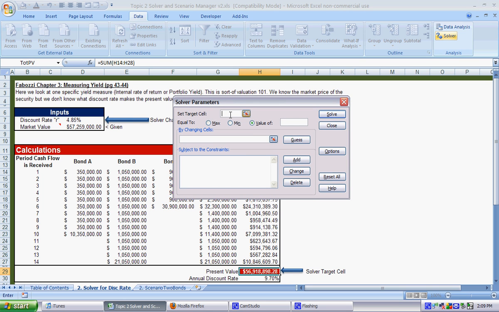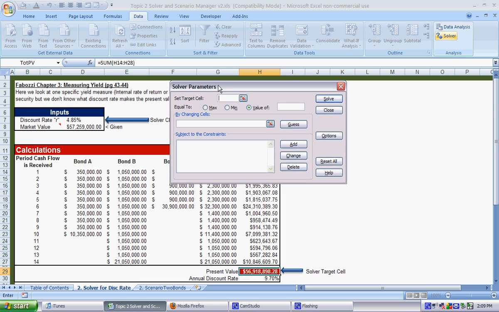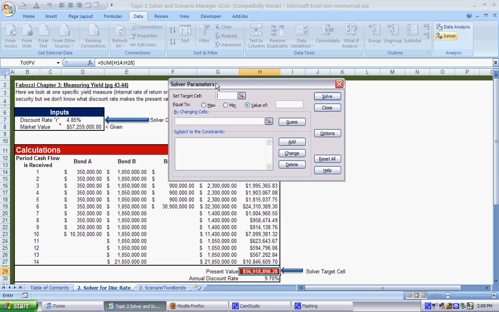Okay, so the target cell in this case is the cell that we want. Solver solves a two-sided equation, or any equation, for you. We know that on one side of the equation, the present value should equal the sum of all these cash flows at a discount rate.